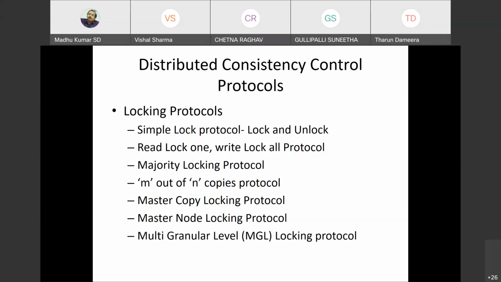In the pessimistic approach, you are afraid that someone will access the data while you are accessing it, so you lock the data item until your work is over. Then you unlock it so that other transactions can access. In optimistic concurrency control, you are optimistic that even if you allow other transactions to access the data, no consistency issue will come, so you allow others also to work.